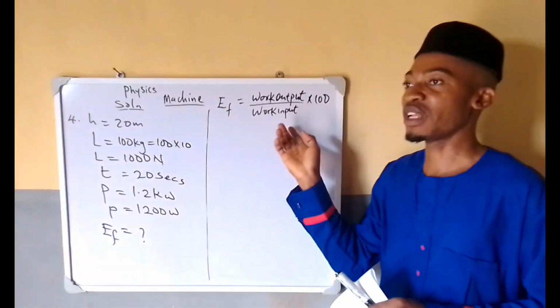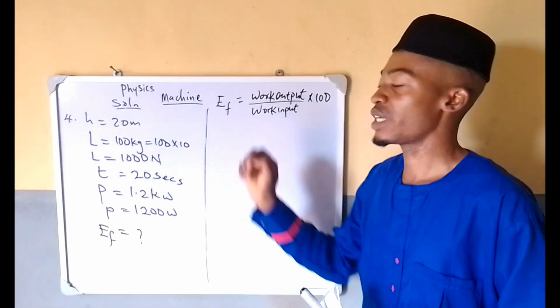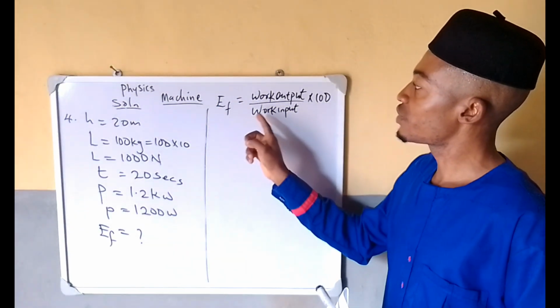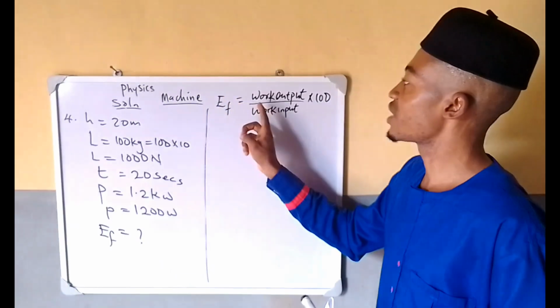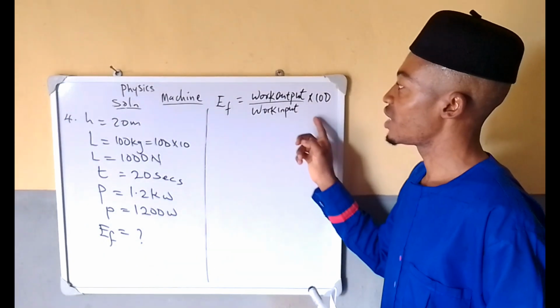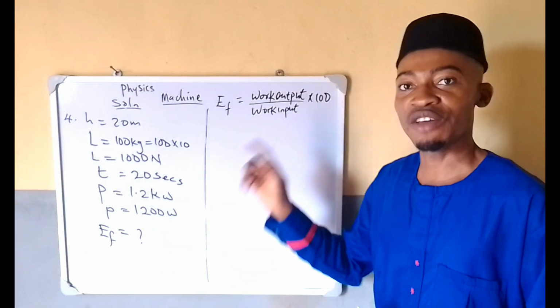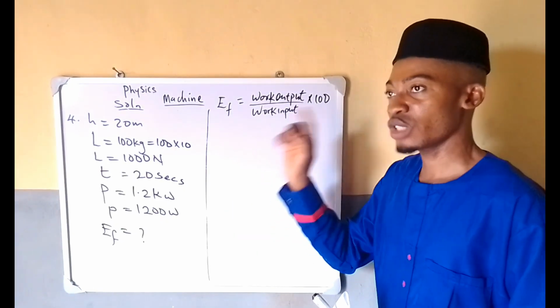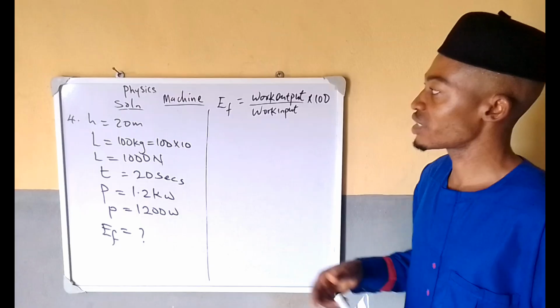This is the first formula I wrote in that video where I discussed machines. We've talked about what work output and work input are in that video. So if you have not watched the video, I refer you back to that video so that you have a better understanding.